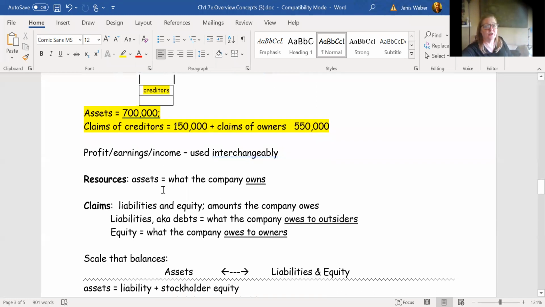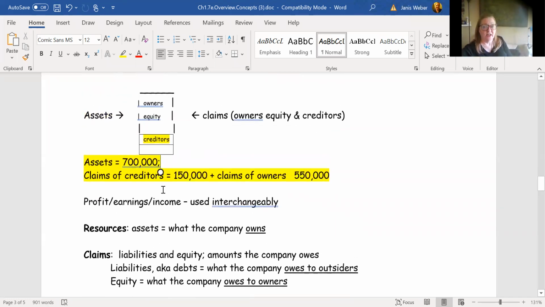That's why the accounting equation works, where assets equals liabilities plus equity, and it would never not be that way, because either the creditors have a claim on the assets or the owners have a claim on everything else.